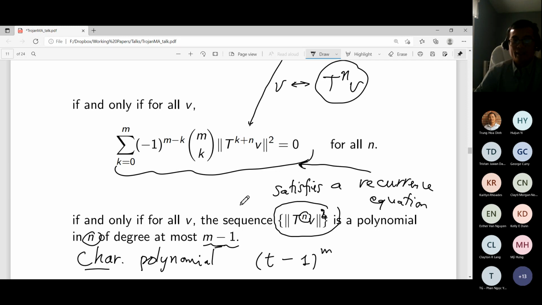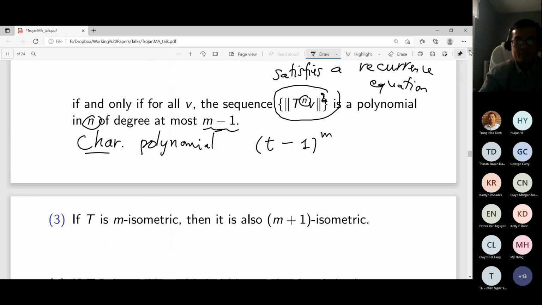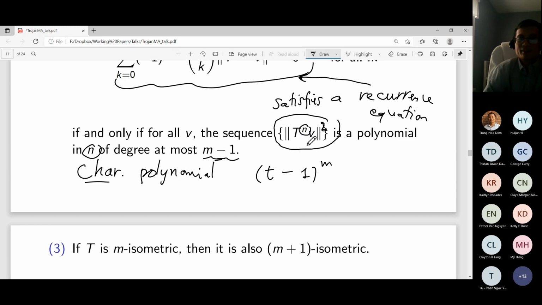And this is the necessary and sufficient condition for a linear operator T to be an m-isometry: for any fixed V, the norm of T^n V squared is a polynomial in n. As a consequence, it's easy to see that if T is m-isometric, the sequence is a polynomial in n of degree at most m minus 1.